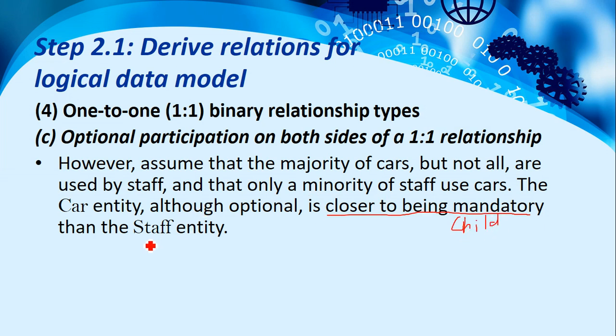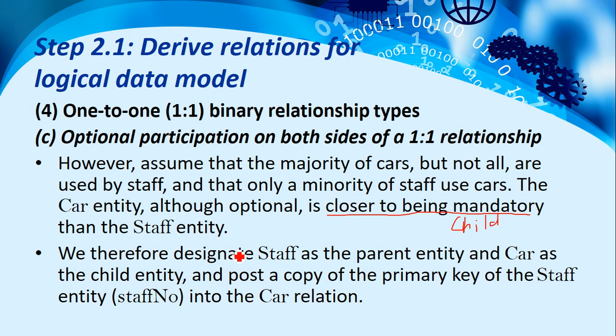And the staff, since optional yung kanya, this is our parent. So in this case, we therefore designate staff as the parent entity and car as the child entity. And same with what we did with the third scenario, yung sa one-to-many relationship, we post a copy of the primary key of the staff into the car relation.